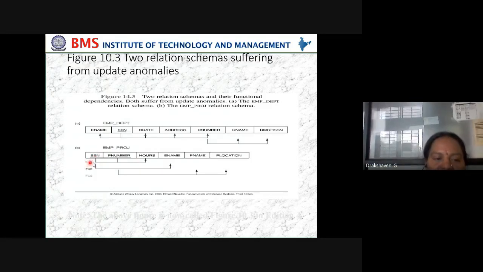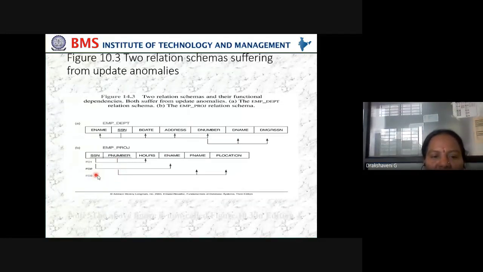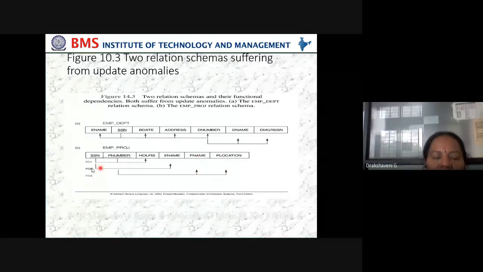That is functional dependency 1, FD1, hours. Functional dependency 2: SSN determines name. Then project number determines project name and location. So this is how we call it functionally dependent.